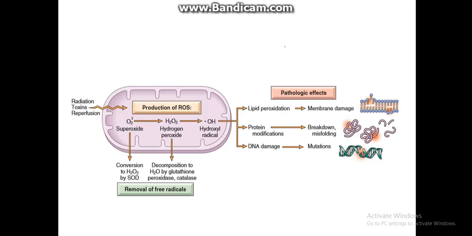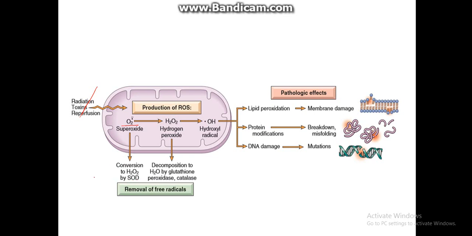Now, we said that when free radicals form, let's forget about the pathology for a minute, we can actually clear them out of the cell. For example, let's see the superoxide. The superoxide free radical gets cleared by converting into hydrogen peroxide by an enzyme that is called superoxide dismutase.